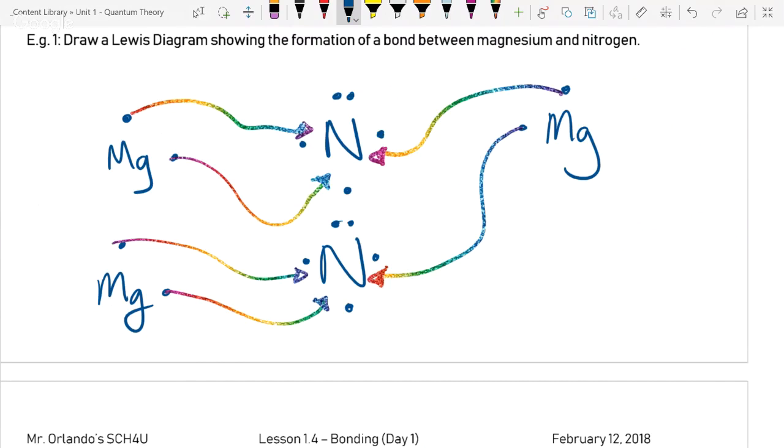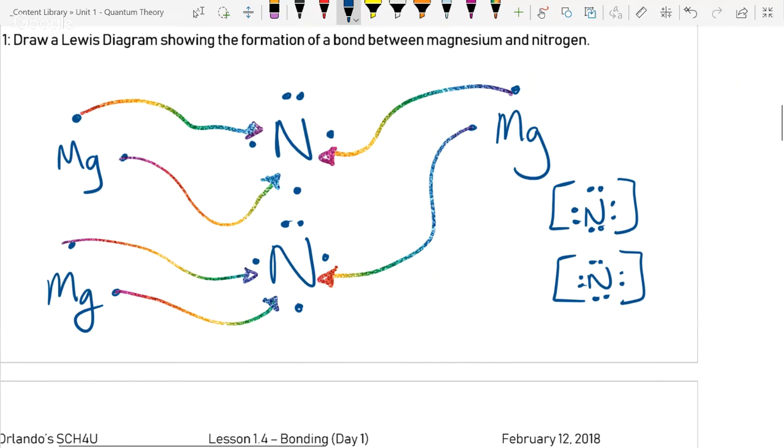Correct. Okay, and what we end up with, of course, is 2 nitrogens with full octets. And what charge will they have? They've gained electrons. How many electrons did each of them get? 3, so the charge obviously will be -3.